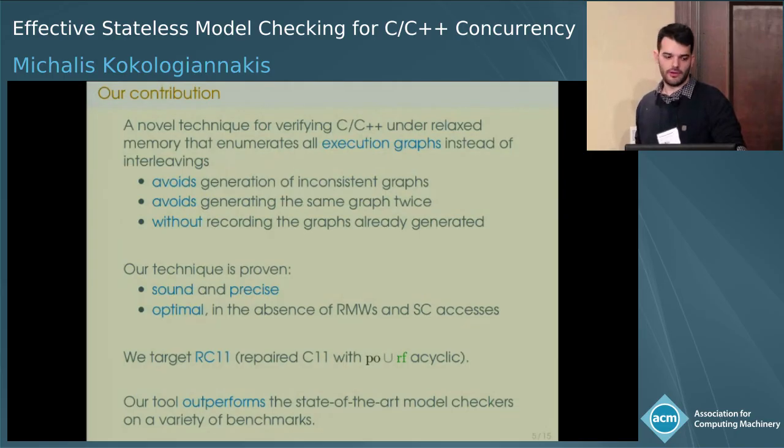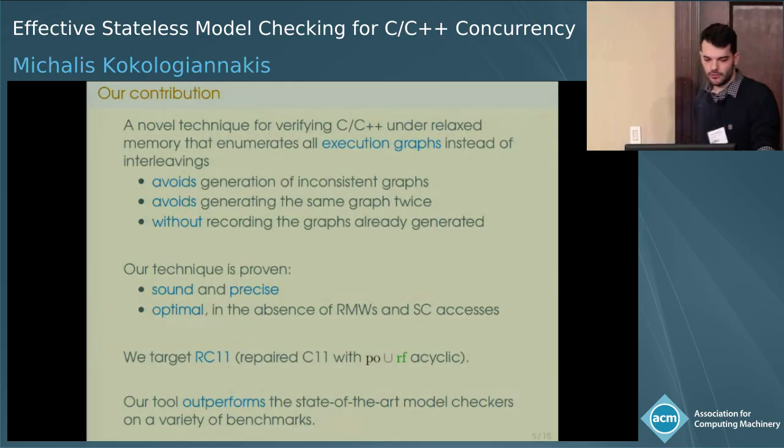In the paper, you can find the proofs, but our technique is both sound and precise, and is also optimal in the absence of read-modify-write instructions and SC accesses. So the first two bullets above, the fact that we avoid generating inconsistent graphs and the fact that we avoid generating the same graph twice, only apply when there aren't any RMWs and SC accesses.